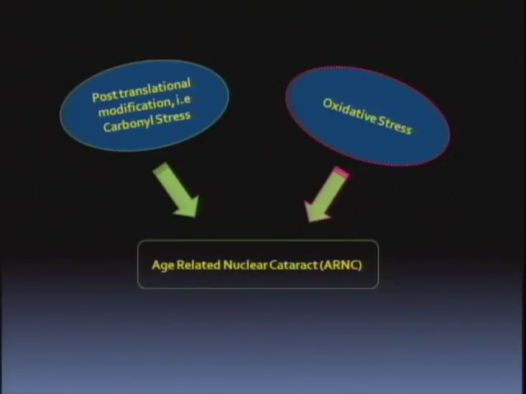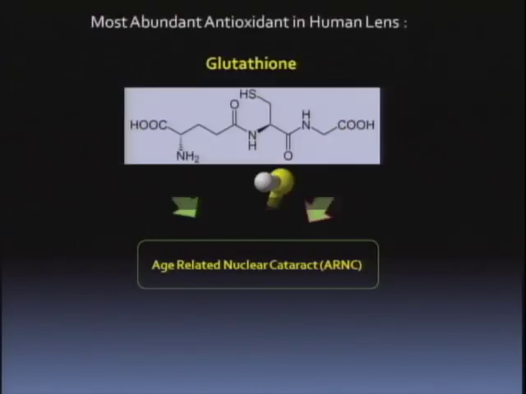Today, I'd like to report on another part of our research, oxidative stress induced age-related nuclear cataract formation. When we talk about oxidant stress in the lens, it always means an impaired system: an impaired antioxidant defense versus oxidant stress, with high oxidant stress in the lens.